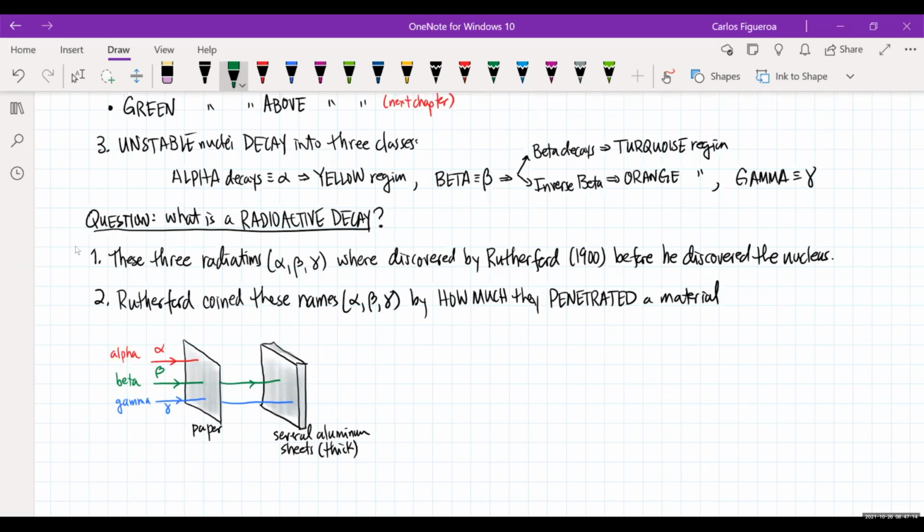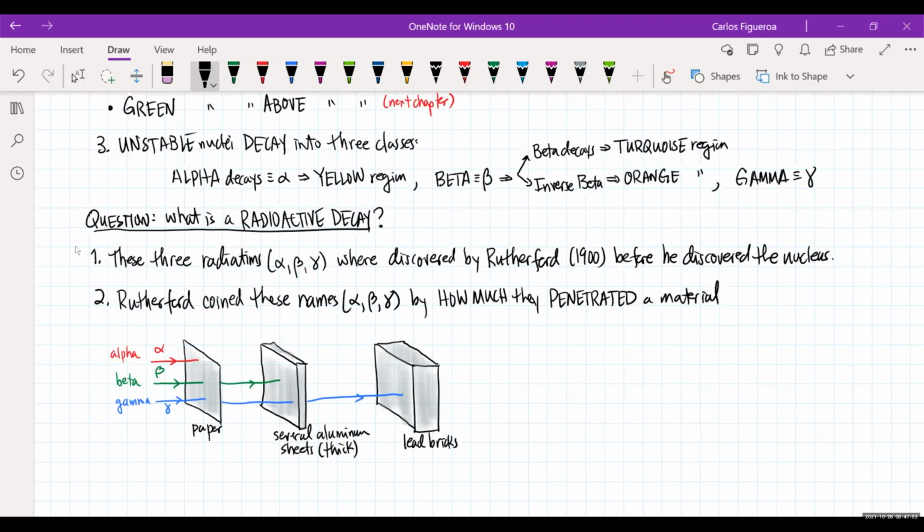And then if you want to stop gamma, well, it turns out that these are the most energetic ones. You typically have to use lead. So they use lead bricks to stop gammas. You need lead bricks to stop gamma.